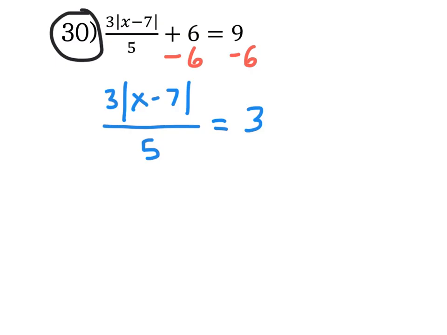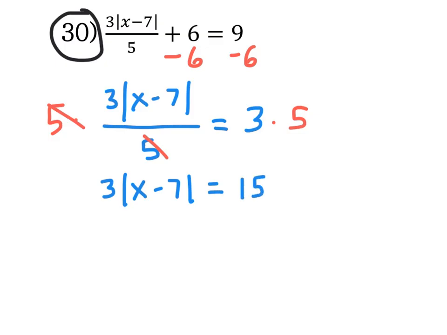And now to cancel out the bottom number in this fraction, we want to multiply both sides by 5. These two 5's cancel out, and that gives us 3 times the absolute value of x minus 7 equals 15. Now we divide both sides by 3. These 3's cancel.